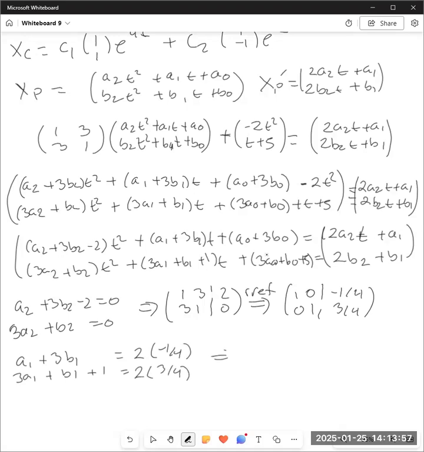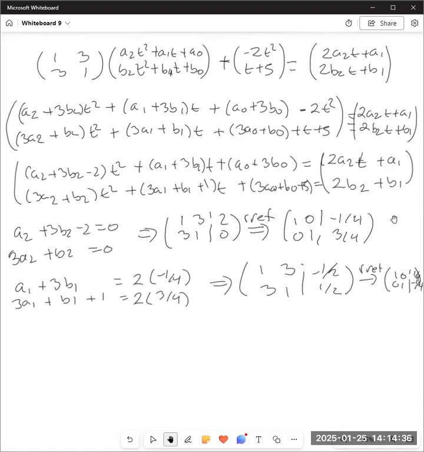So that makes this turn into 1, 3, -1/2. And then this is 3/2 minus 1 is a +1/2 on this side, 3, 1. So when I RREF that, I get 1, 0, 0, 1. And these are 1/4 and -1/4.